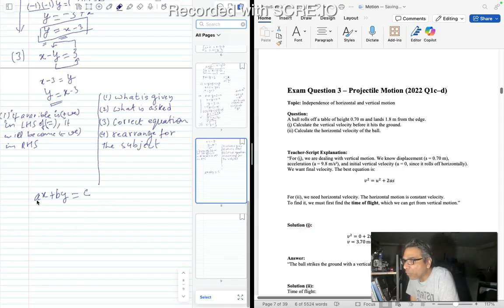So now we have five variables. We don't know the value of c, but it's already a subject. So we are not dealing with c as the subject, and we are not solving this equation because this equation itself is already solved for c.